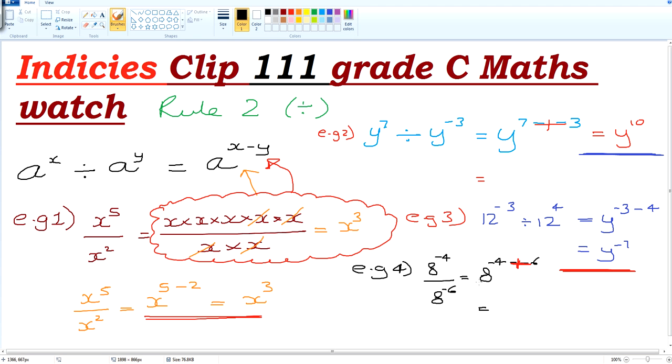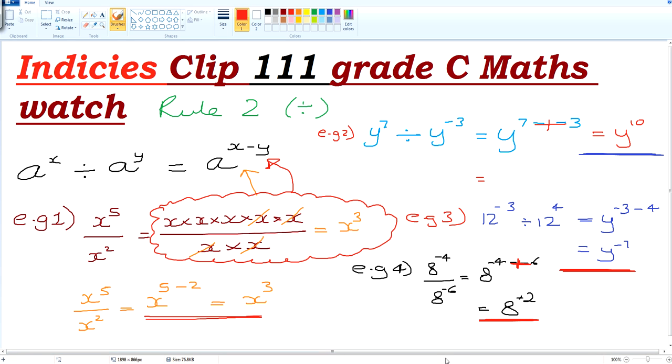Only the two minuses which are physically next to each other become a plus, nothing else. So minus 4 add 6 will give us plus 2. Because you owe me 4 and you have 6. I'm putting the plus there only for emphasis. You don't really need to put the plus there. And that is the final answer for our example.